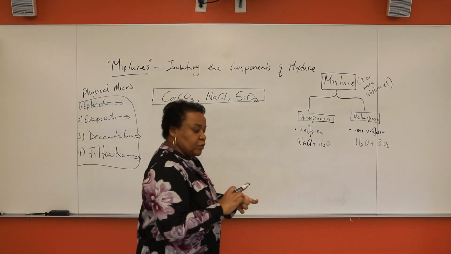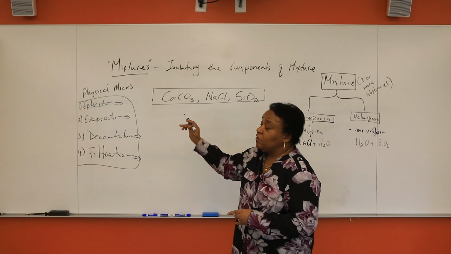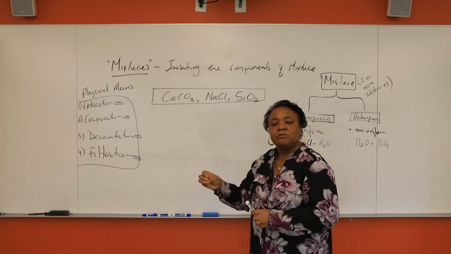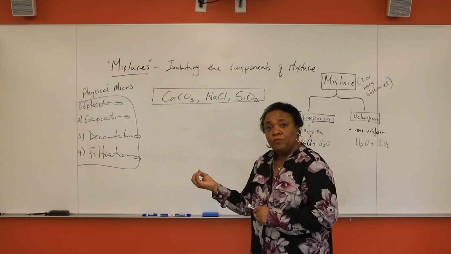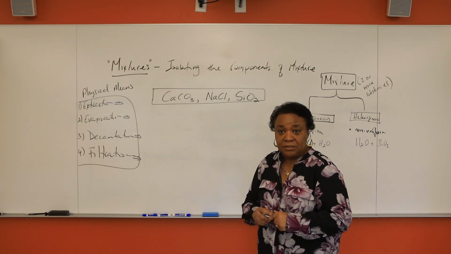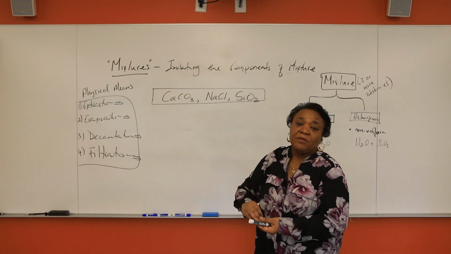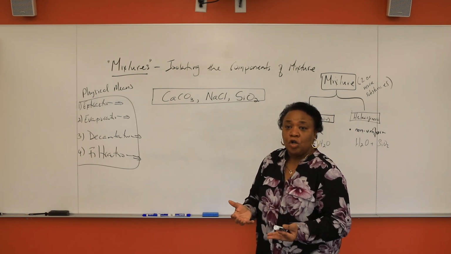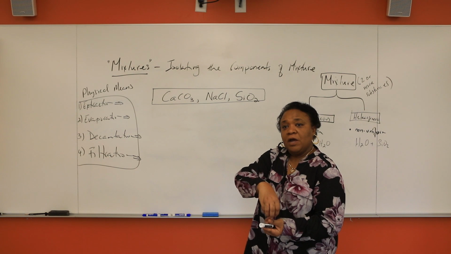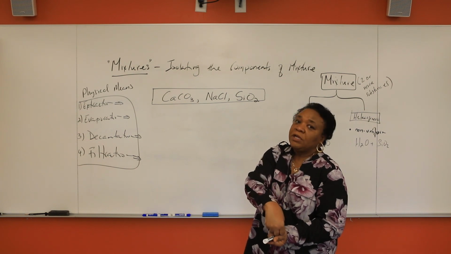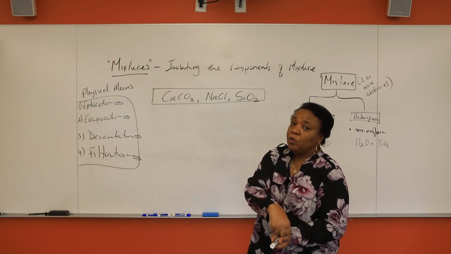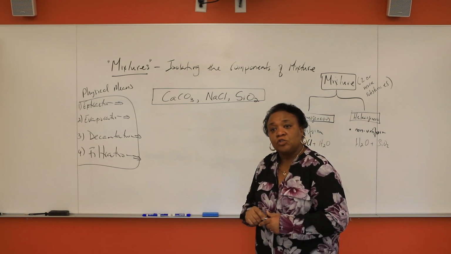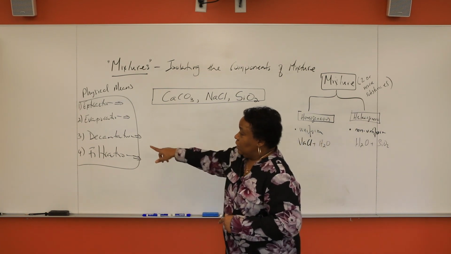As we said in class, when this technique involves extraction, what am I doing? Usually you're adding some solvent to remove a soluble component. For example, if I have a mixture of sand and salt, I can add water, and the water will dissolve the salt, so I can extract the salt with H2O.